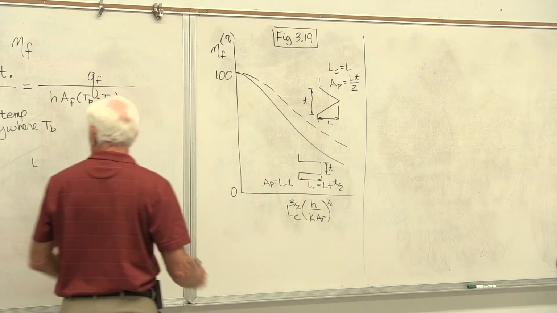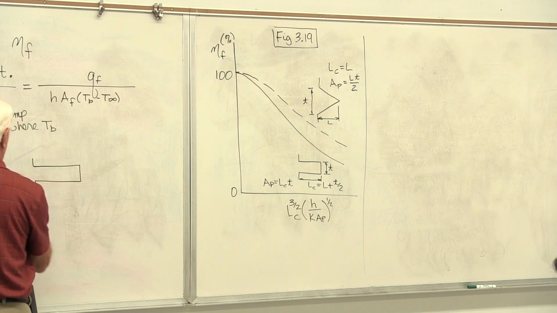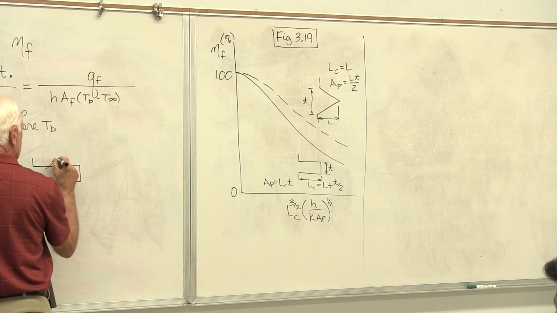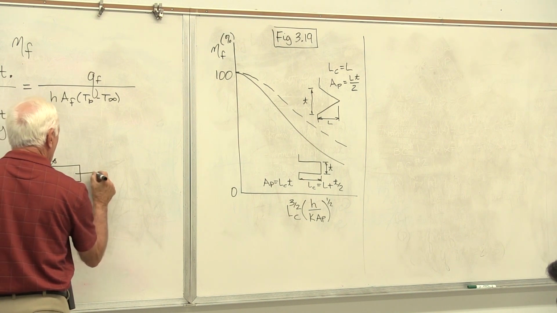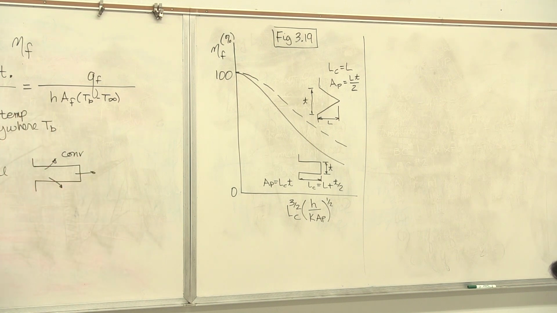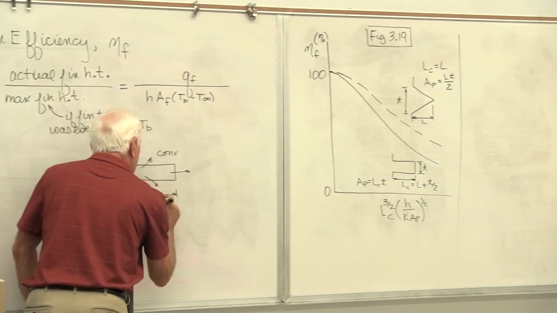Why? Okay, here's the difference. This is the actual fin. The actual fin is losing heat by convection out of all these areas, all the areas where the arrow is. The length of that fin is the actual fin length. That's the actual problem you've got.